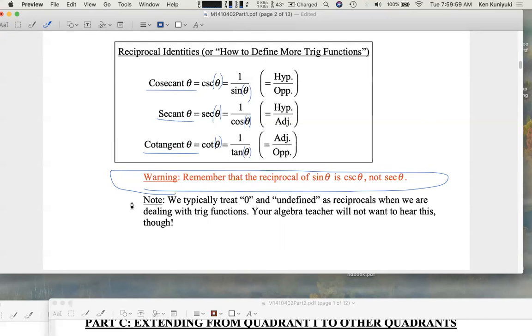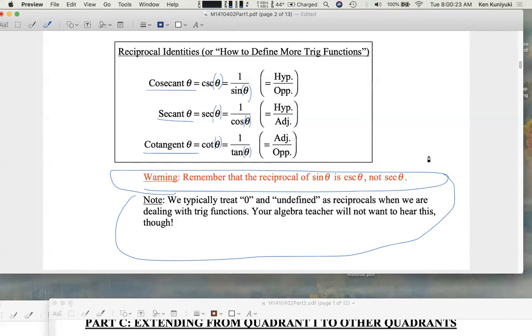Oh, one other thing. If theta is quadrantal, like 0, pi over 2, pi, and so forth, then it's possible that sine, cosine, or tangent could be 0, in which case these could be undefined. In fact, tangent itself could be undefined. Now, here's something that's kind of weird.